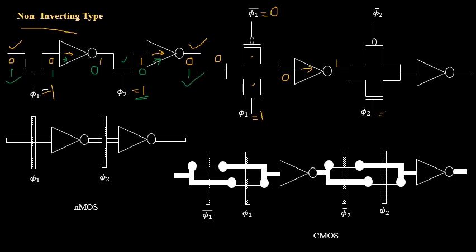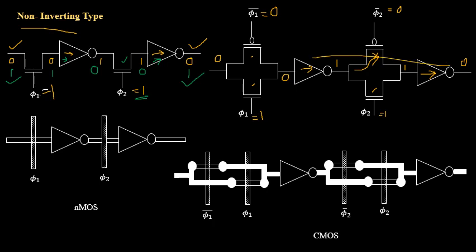Again, if I assume the phi 2 signal is 1 and phi 2 complement signal is 0, both will be turned on. Since it is 1, it can pass through this PMOS transistor, so that the exact logical 1 state is obtained, and it is passed through an inverter which is going to invert the input and give me the output as logical 0 state.